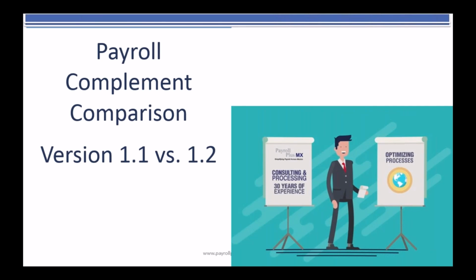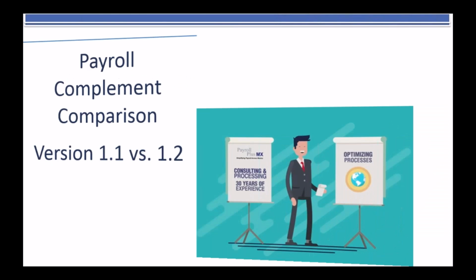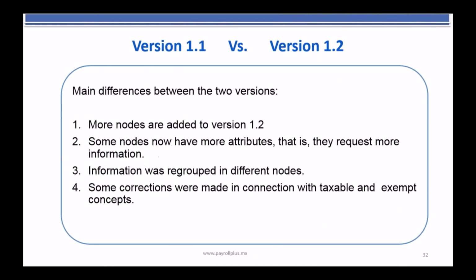Now, we have basically gone through all the details and new information that is being required on this new complement version 1.2 for the CFDI. But we want to make quick comparisons between versions 1.1 and 1.2.